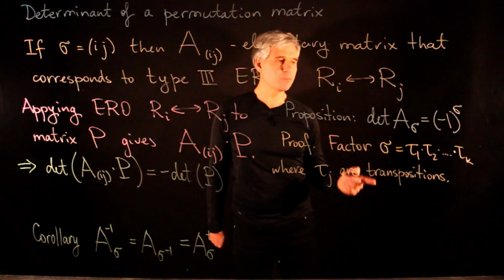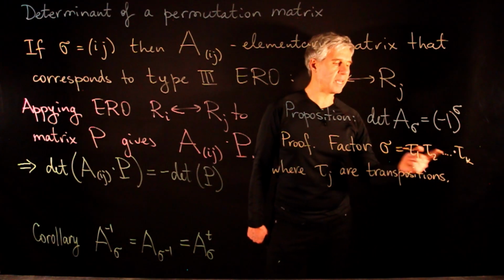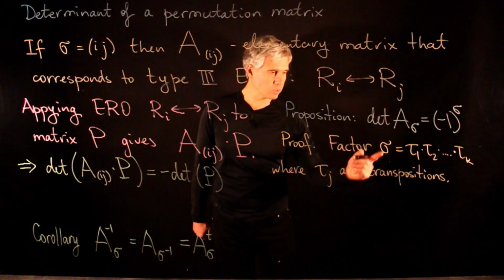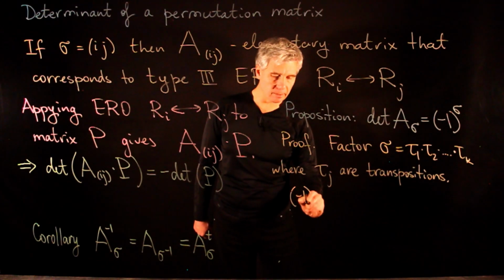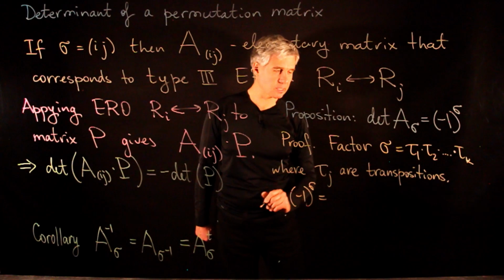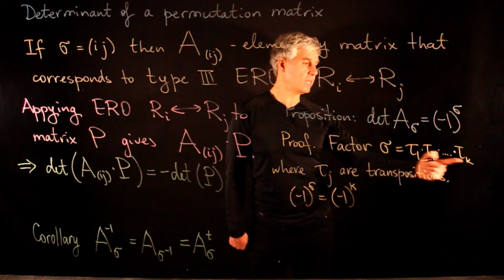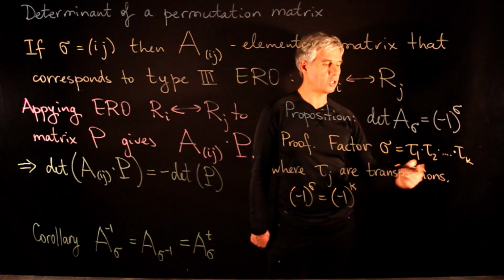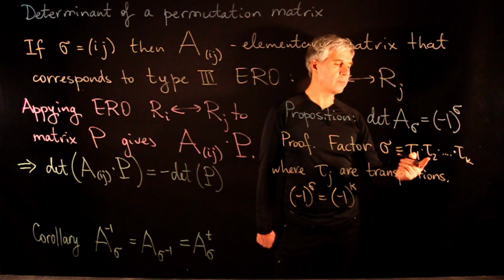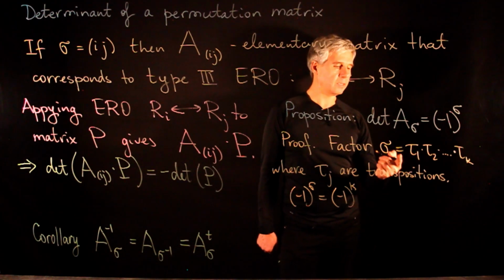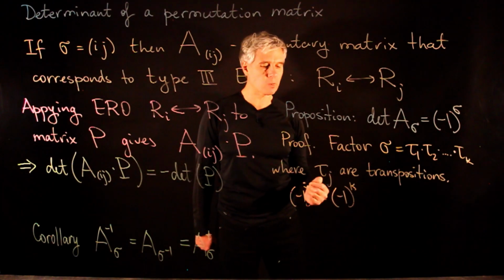We know that the parity of a product of permutations is equal to the product of parities. And so if we have this decomposition of sigma, this tells us that the parity of sigma is equal to -1 to the power of k, where k is the number of factors in this decomposition, because each transposition has parity -1, and so the parity of this product will be -1 to the power of k.